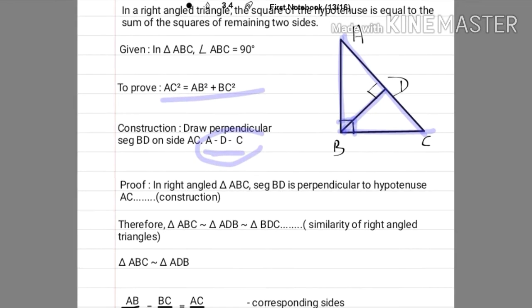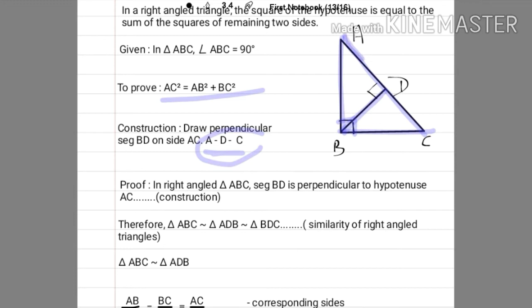In right angle triangle ABC, segment BD is perpendicular to hypotenuse AC. This is what we have got from the construction, okay? Therefore, triangle ABC is similar to triangle ADB is similar to triangle BDC. Similarity of right angle triangles. If you have noticed that after drawing this perpendicular from the vertex B to the hypotenuse, we get three right angle triangles.